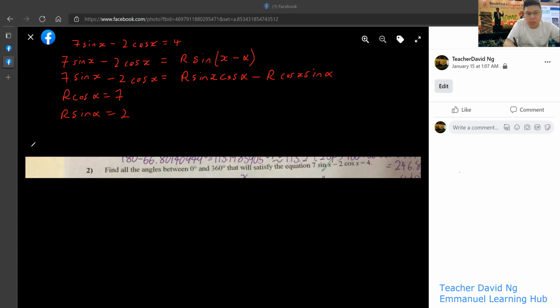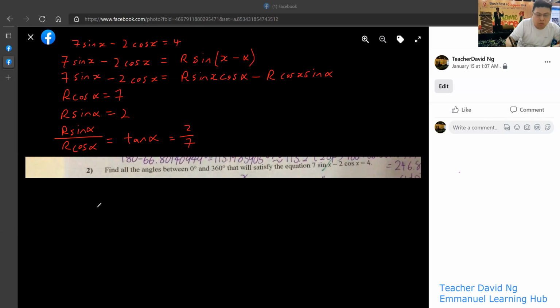Once you establish this, you can use R sine alpha over R cosine alpha, that is sine divided by cosine, which gives you tangent alpha. Sine alpha over cosine alpha is tangent alpha, and the R you cancel off. So tangent alpha is 2 over 7.